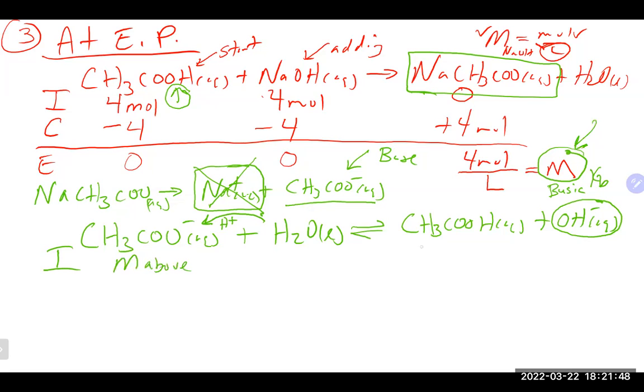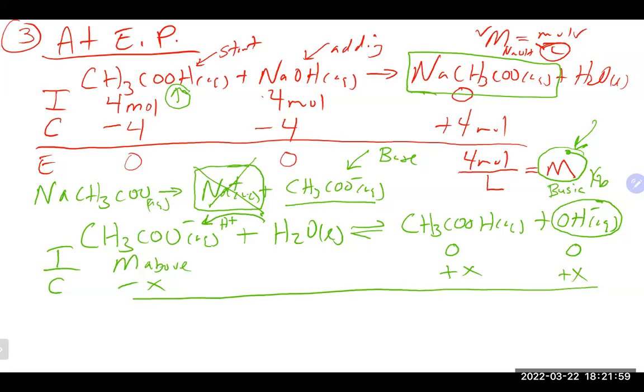That is basically our source of acetate. This is going to be a 0, a 0. Change is going to be minus x, and plus x. That means at equilibrium here, our molarity minus x, and x. Here, as you just mentioned, we want to go into the Kb.